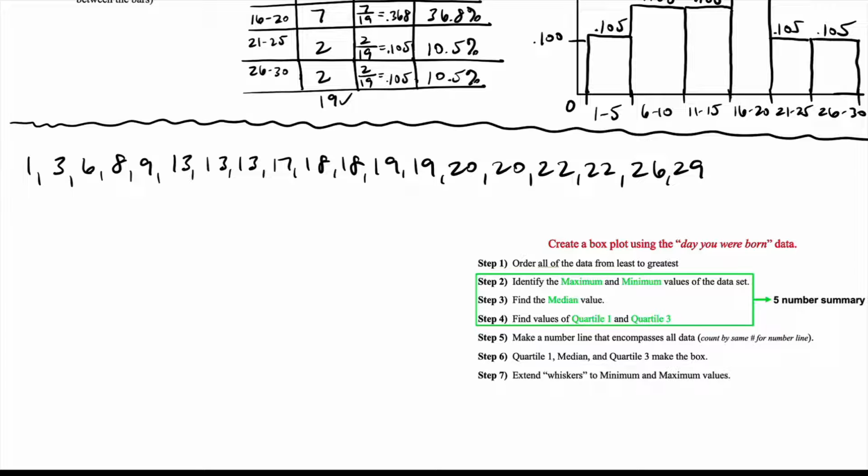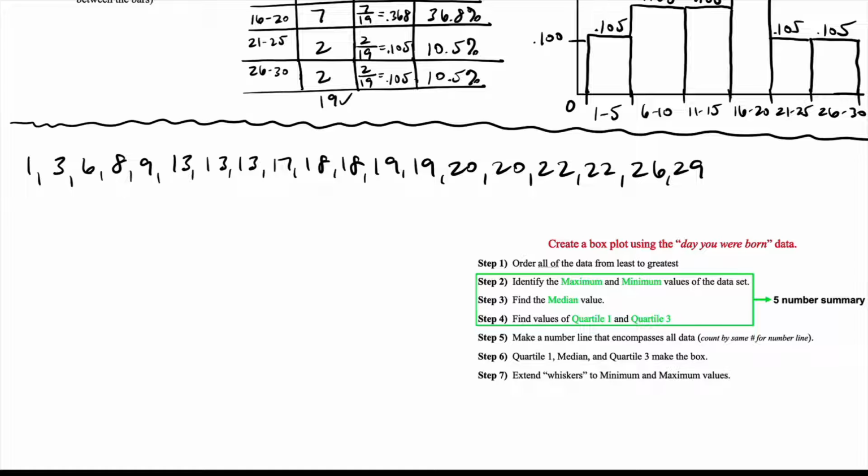Okay, so all 19. Make sure yours matches mine, because if we miss a number, it's going to throw a wrench in everything else. We want to make sure that we have all the numbers listed. We didn't miss one. If there's 3 13s, we have 3 13s written.